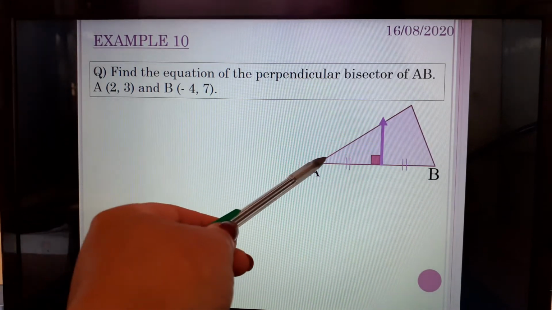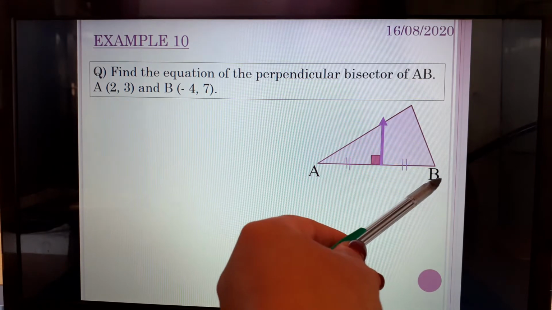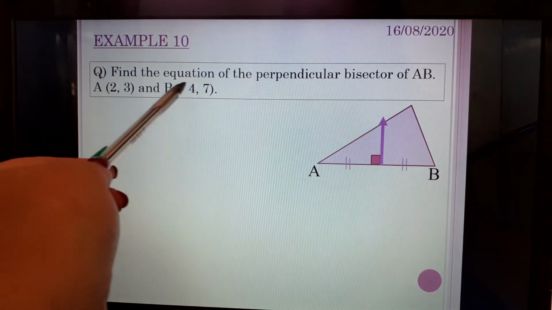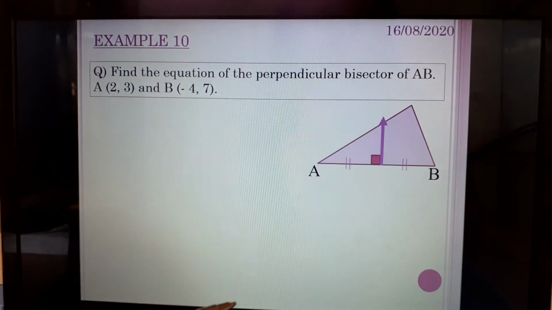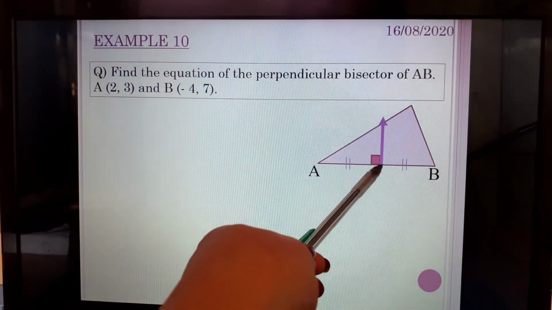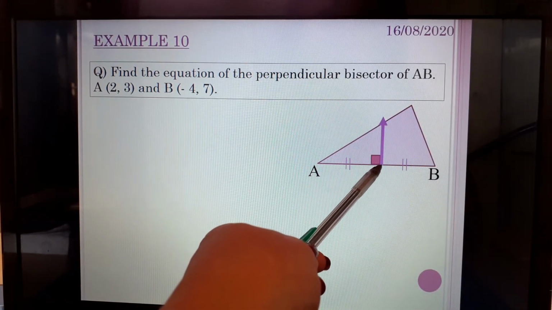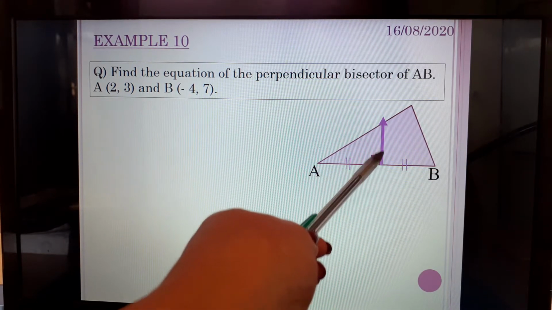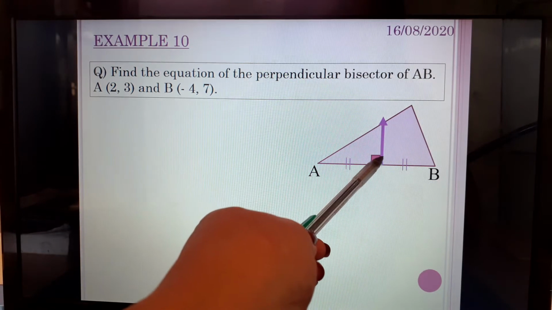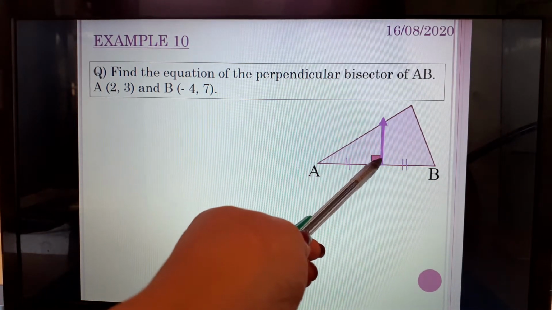So we have our coordinates A and B, they're given there. We have to think, what am I going to have to do? Use some common sense here. So I'm going to have to get a coordinate there, which will be the middle of AB. So I'm going to have to find the midpoint. And then I'm going to have to get the other thing that I need for the equation of the line, which is the gradient.